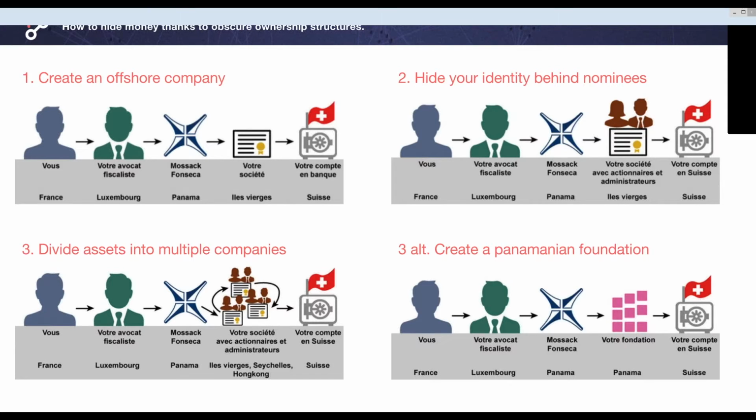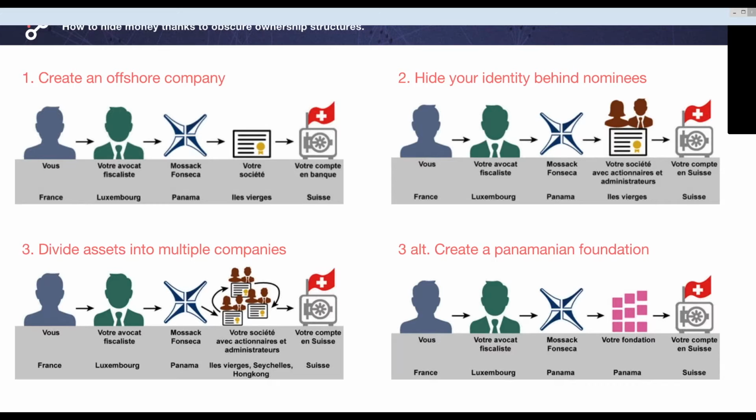The third step is to then divide assets between multiple companies. Once you have created that first company, you can then create another one and another one, and you can create a maze of companies owning each other to make it even more complex to understand what is going on and further remove your name from any sensitive documentation.